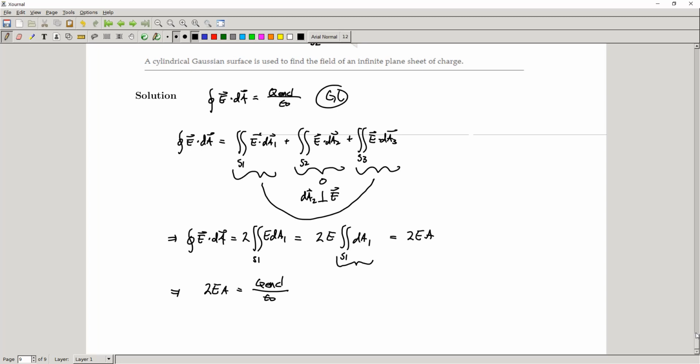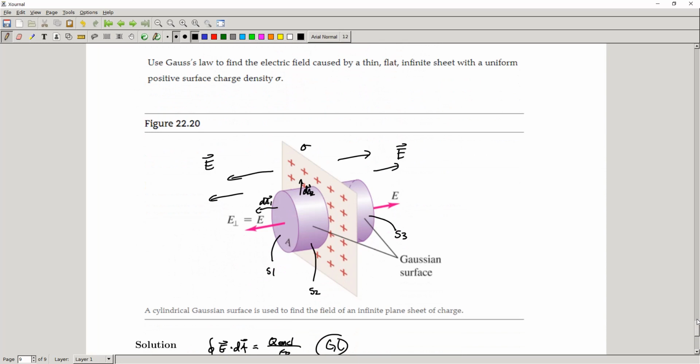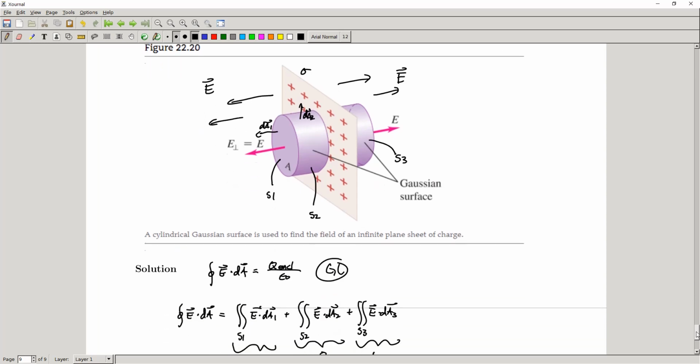And we're looking for E, but before we're able to get there, we need to talk a little bit about what Q enclosed is. What is Q enclosed here? Well, Q enclosed is going to be equal to our charge density, right? So our sigma, which is over the full surface, times the area that we're enclosing, right? Times the area of this circular region, right?